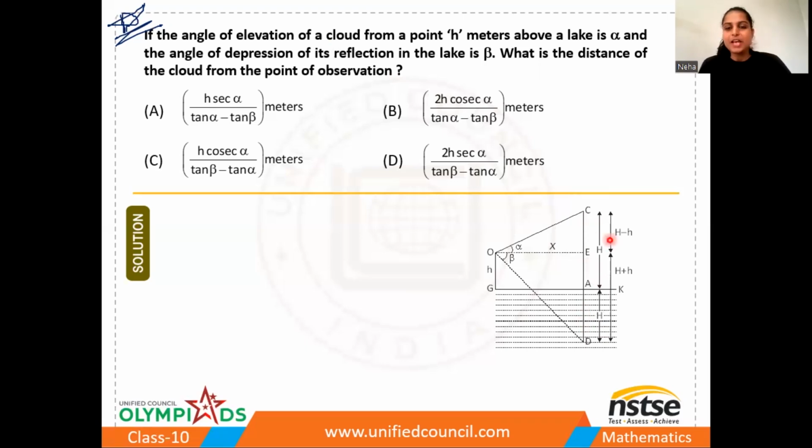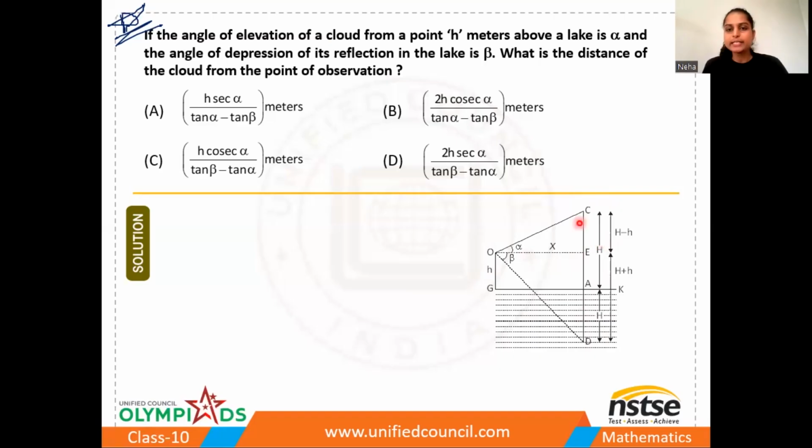Okay, now my dear students, this is done. This is H and this is also capital H, and this length is a small h I'm taking. So if OG is a small h, then what about the CE, right? CE is capital H minus small h.